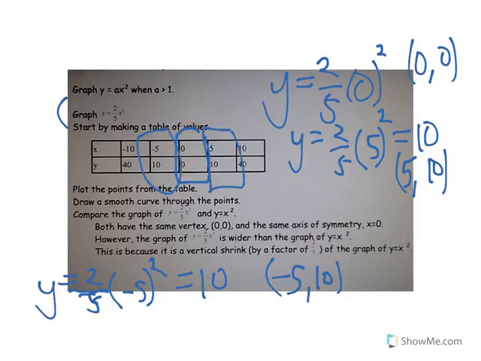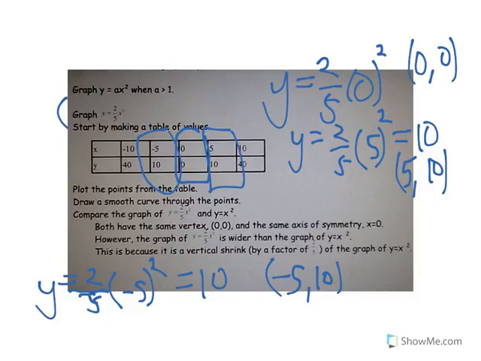And same thing, you'll notice that there are some values that match up here. The vertex in this case is going to be 0, 0. That's going to be the lowest point, the trough, or the lowest point in the actual graph. And the axis of symmetry is x is equal to 0, because that's where it flips over.